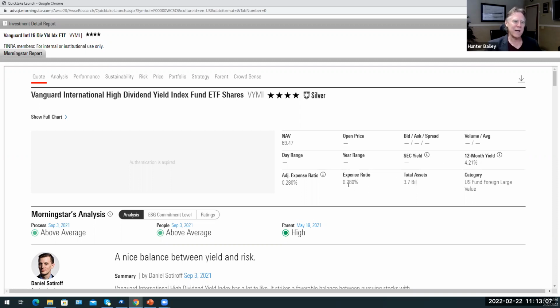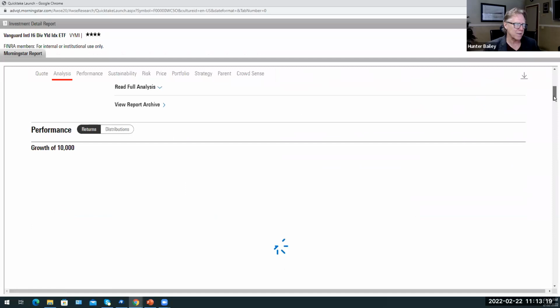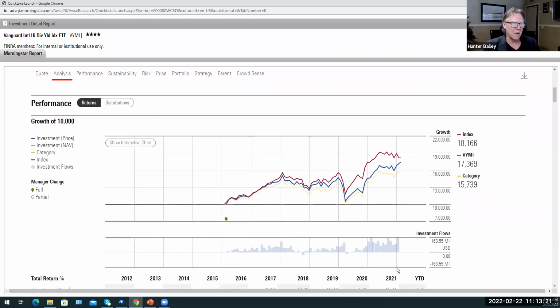Even with that, the expense ratio with Vanguard is 0.28 because they've got to do some, I don't know, balancing or take extra effort to buy the stocks that are in that index. If this computer works, Vanguard's underperformed its index, but I wouldn't hold that against Vanguard. It's possible.